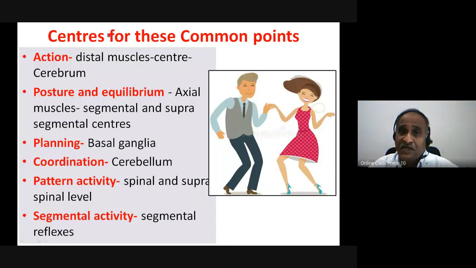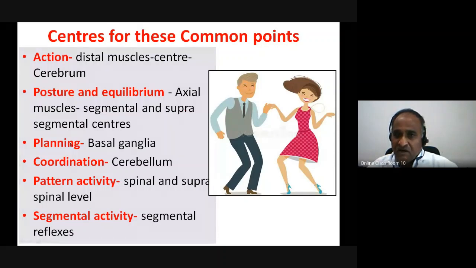So these are the various common points and the centers associated. I mentioned that for the actions, it is the distal muscles for making any motion. For maintaining a posture and equilibrium, it is the segmental and suprasegmental centers.